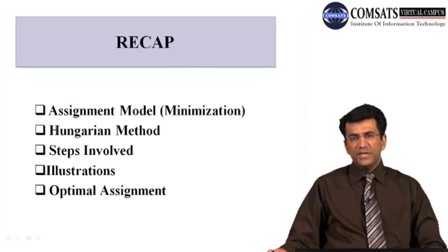After checking the rows, we will start checking the columns. If in a particular column there is a single zero, we will assign that zero, and we will cross other zeros in the respective rows. This process will be continued until all the zeros in that table are either assigned or crossed. So this step is very important.